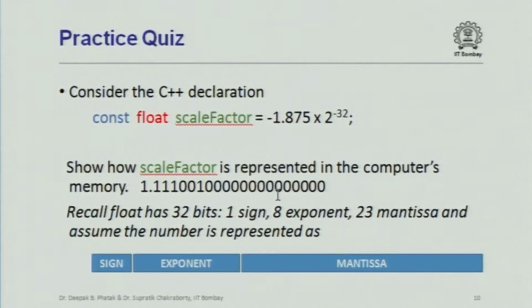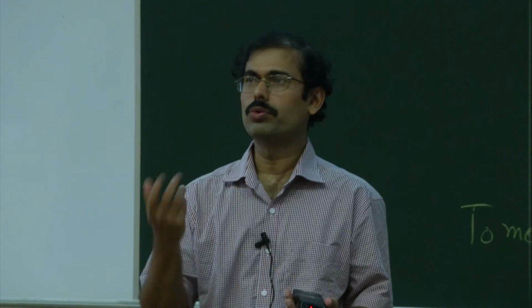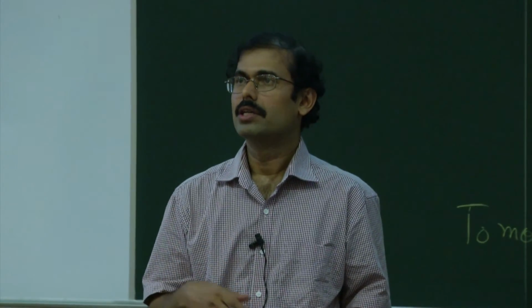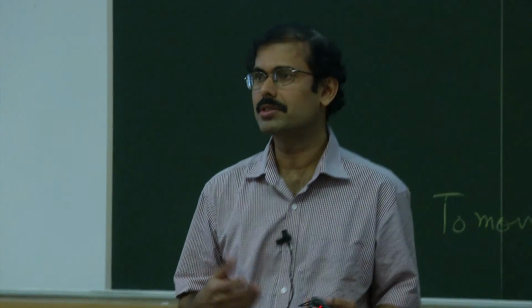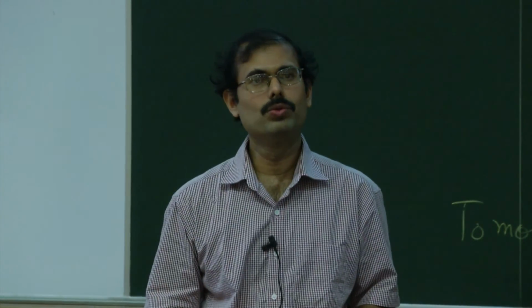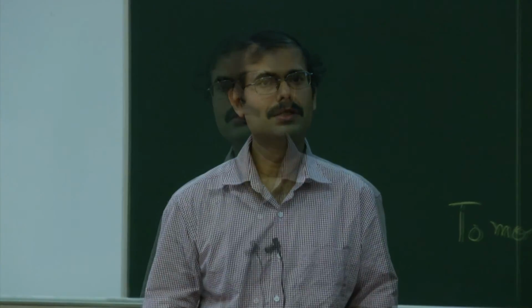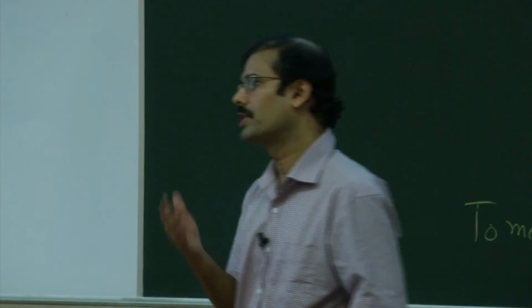So 0.875: given an integer number, you know how to convert it to binary. Given a decimal number, how do you convert it to binary? It's the same thing. You keep multiplying by powers of 2. So 0.875 times what power of 2 will give you an integer?